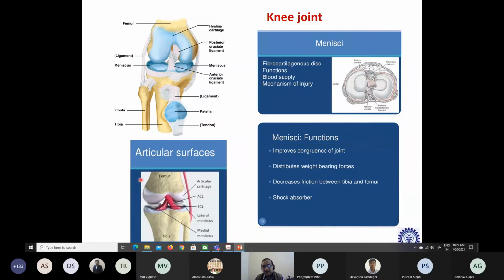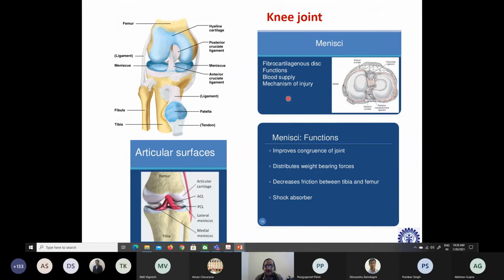Together with the collateral ligaments, the cruciate ligaments ensure the stability of the knee joint mostly. However, there is an important contribution of the patella that I will be discussing a little later.